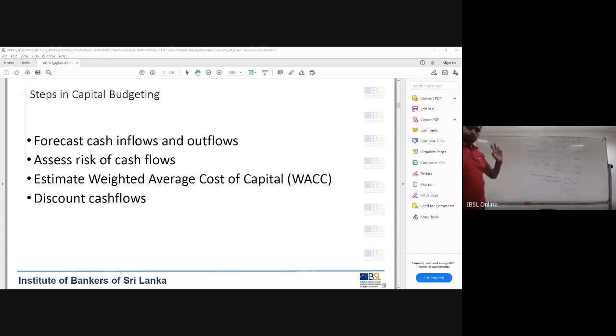Conceptually it is similar to calculating the price of an apple. Weighted average cost of capital is nothing but calculating the average cost of an apple. Very simple. Something you learned in grade 2.